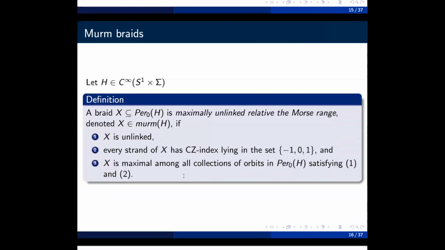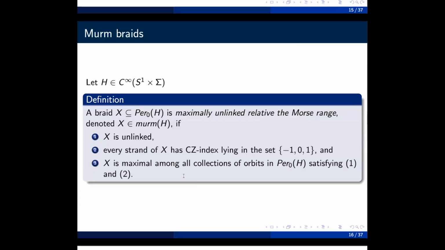If I have a Hamiltonian on my surface, I want to introduce a notion that I'm calling maximally unlinked relative to the Morse range. I'm saying the Morse range because I'm using indices from -1 to 1, because I'm normalizing the Conley-Zender index such that if I have a C2 small Morse function, then the Conley-Zender index of a maximum is 1 and the Conley-Zender index of a minimum is -1 on the surface, okay?